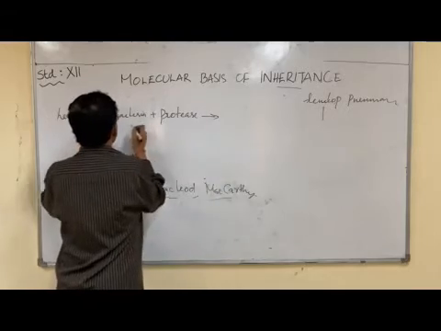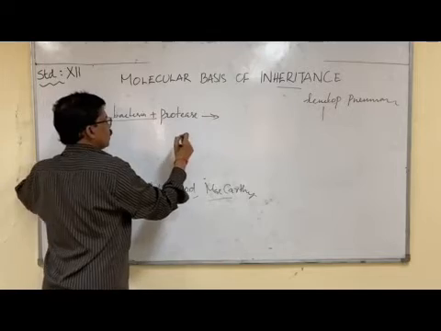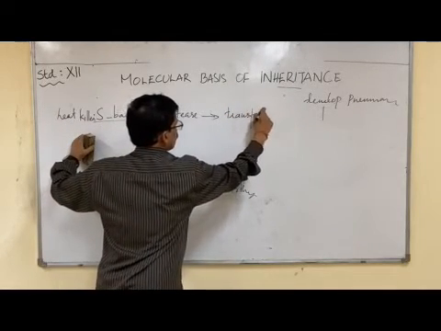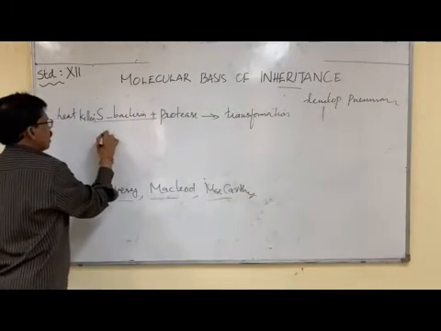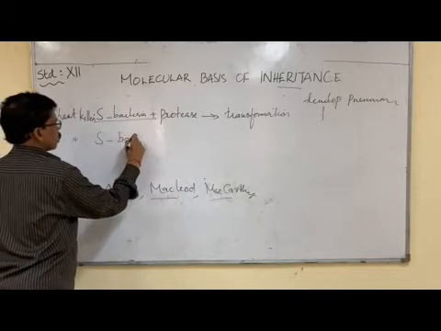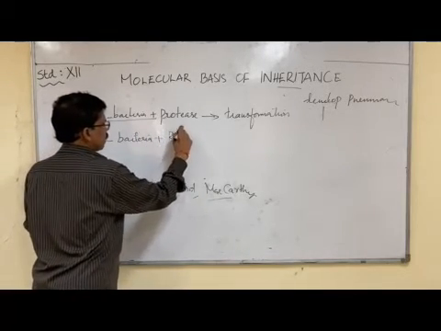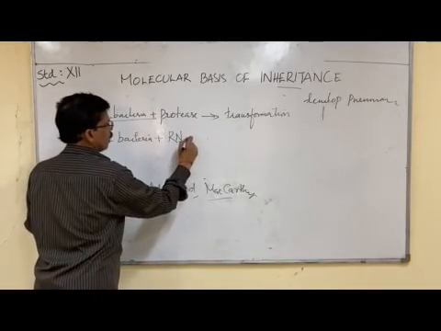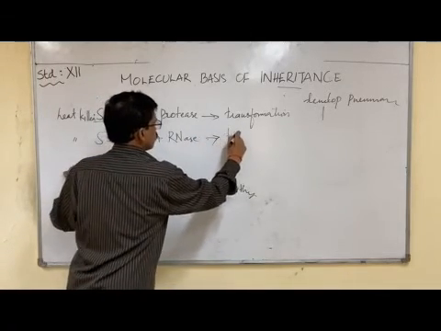After treating the heat-killed S bacteria with protease, what happened? Transformation took place. Now again they took another sample of heat-killed S bacteria and mixed it with the RNase enzyme. This time also transformation took place.